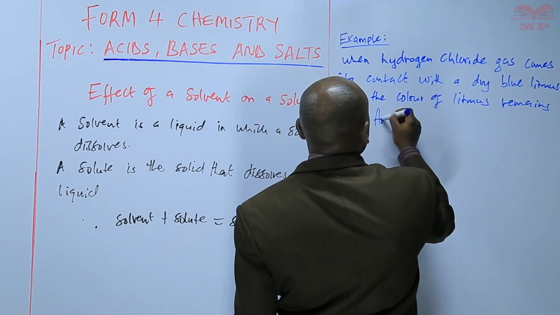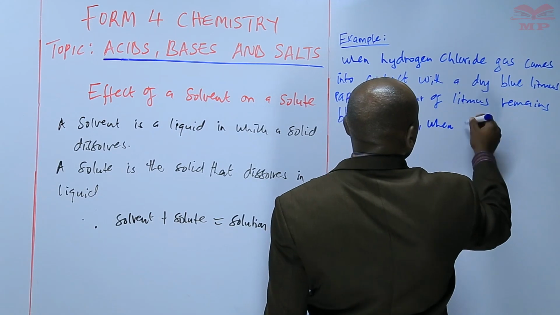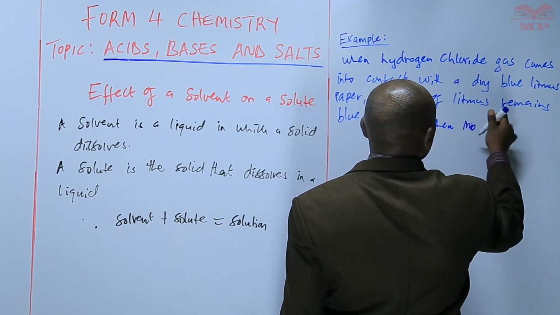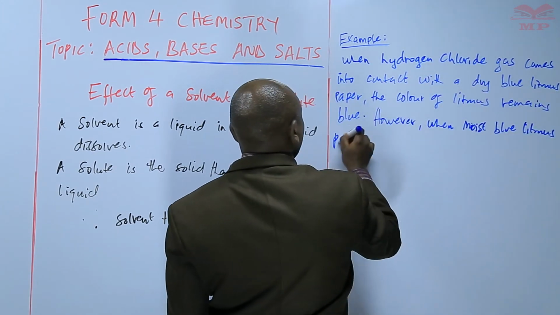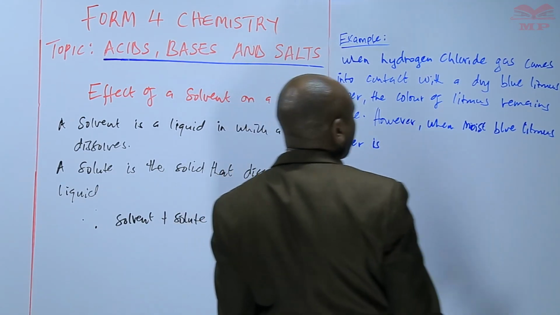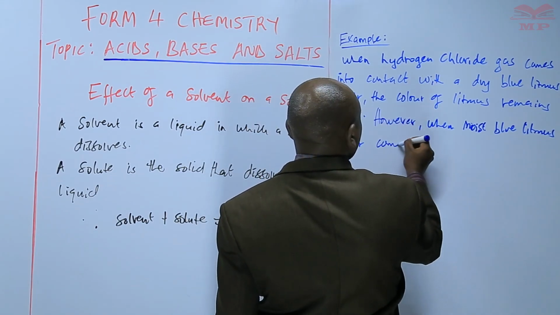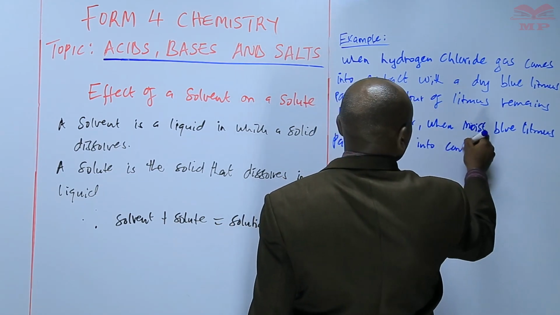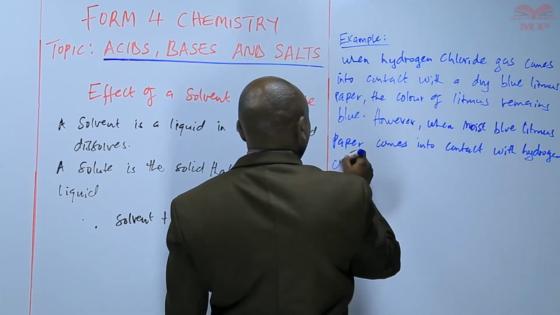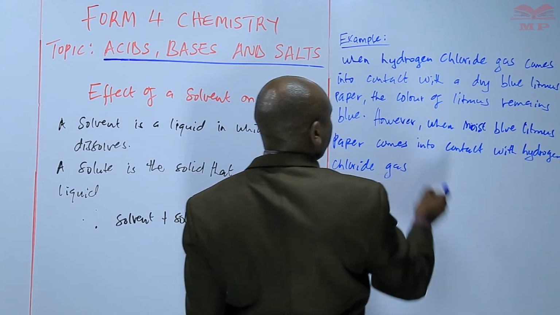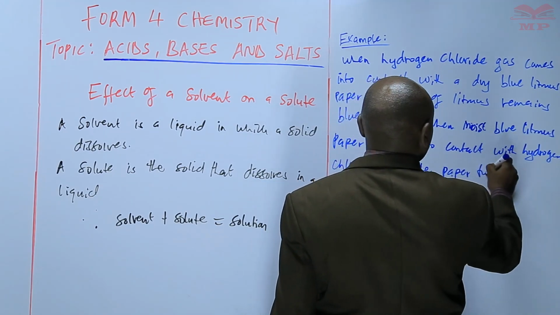However, when moist blue litmus paper comes into contact with hydrogen chloride gas, the paper turns red.